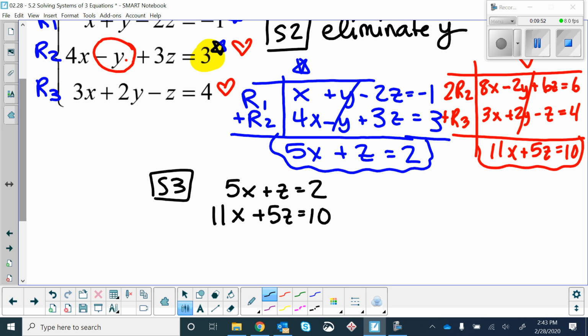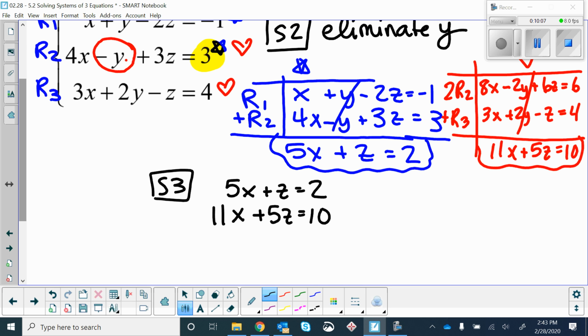It says to solve this new system with the 2 variables, you can use either substitution or elimination. I'm going with elimination. I prefer elimination. It's also what we'll do when we do matrices. So I'm going to stick with that.